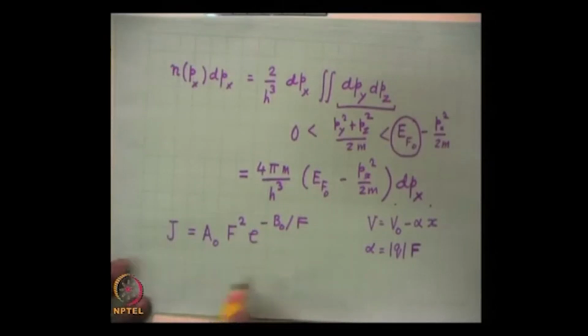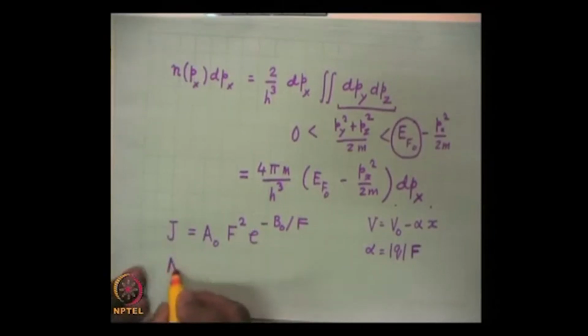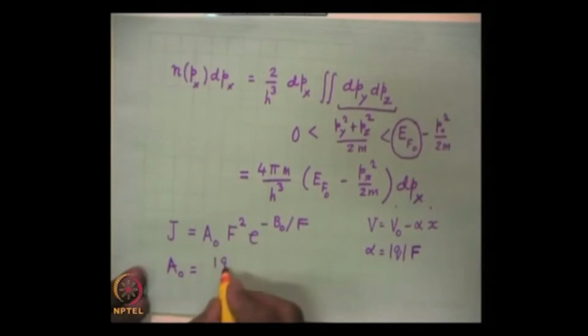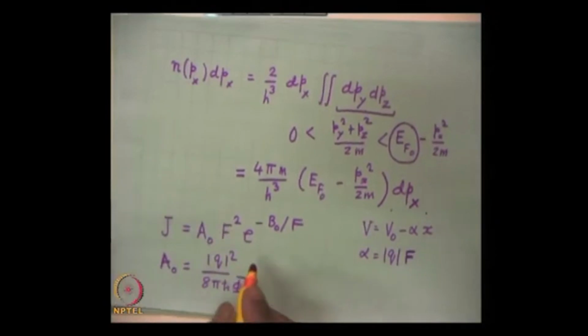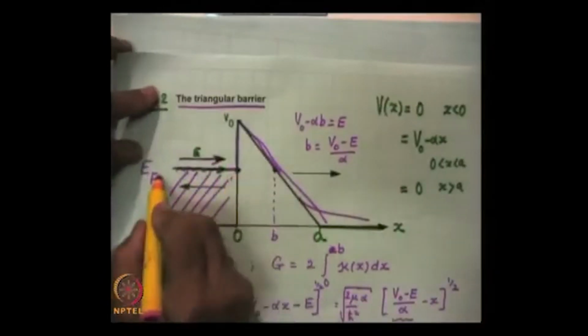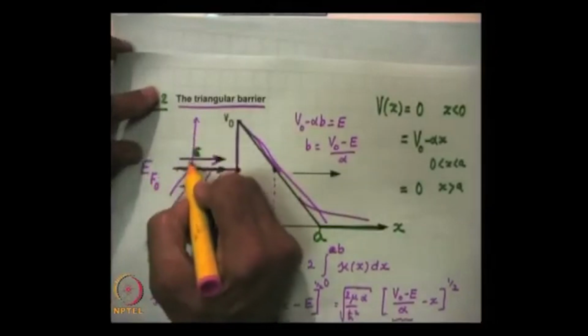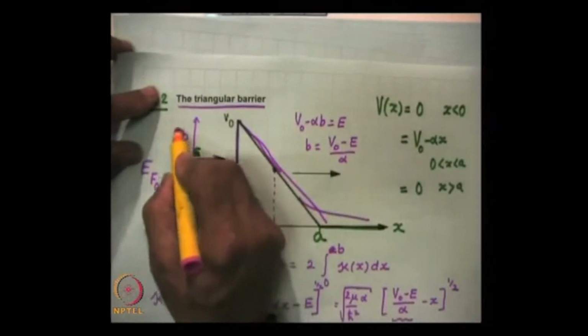In this formula, A0, if you do the calculation, comes out to be mod q square by 8 pi h capital phi, where phi is the work function, that is, this is E F naught and this quantity is the work function phi.